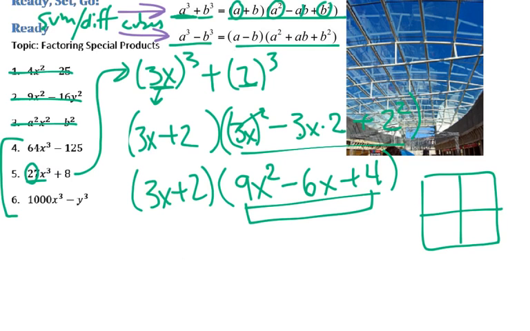So, we go 9 times 4 to get 36. And we've got 9x squared, and we've got 4. We need to see what factors of 36 add up to negative 6.